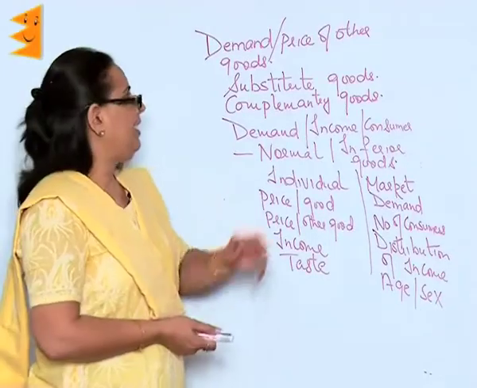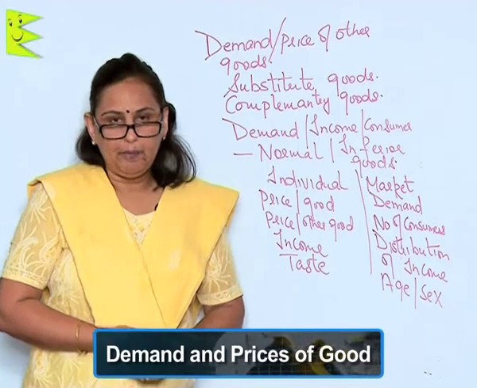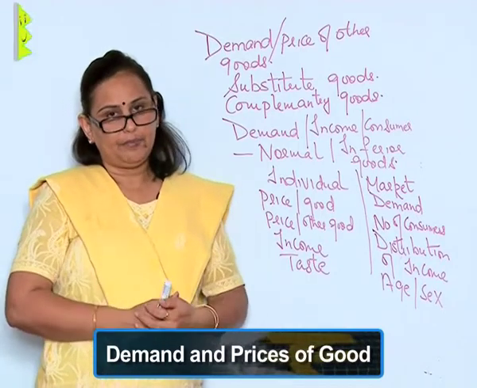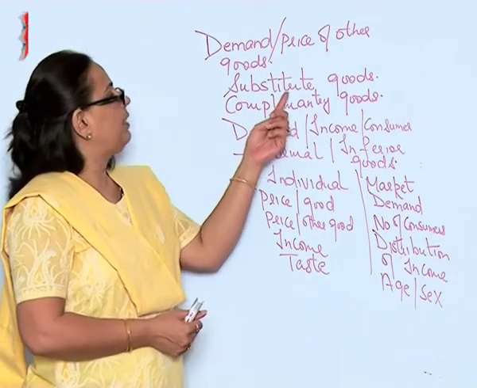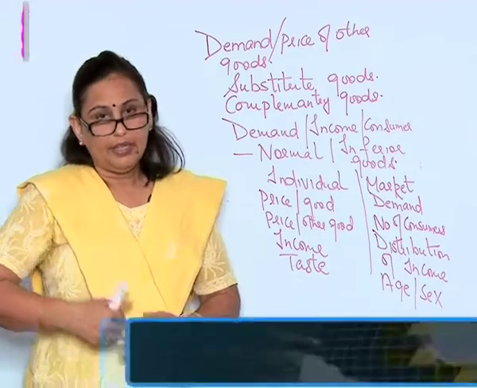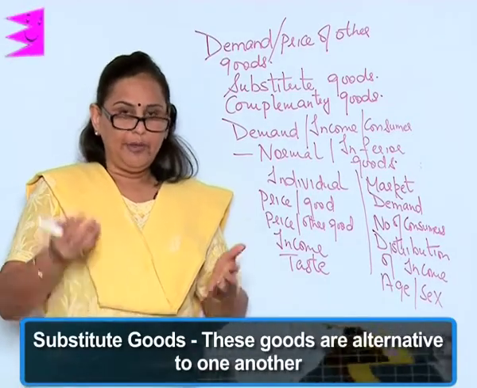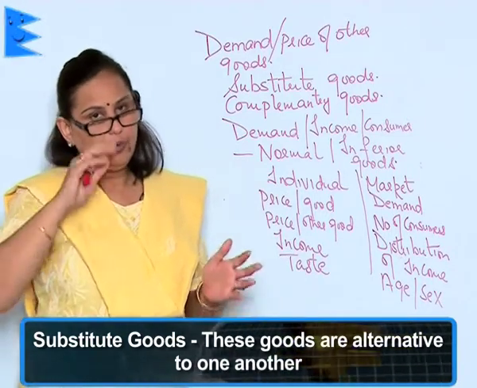Now, we shall see how the demand gets affected by the price of other goods. As far as other goods are concerned, they are of two types, the substitute goods and the complementary goods. The substitute goods are those which we can use in lieu of the other good.